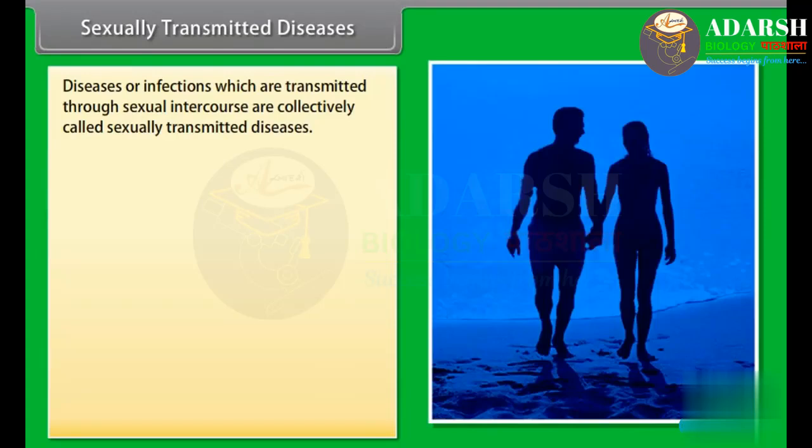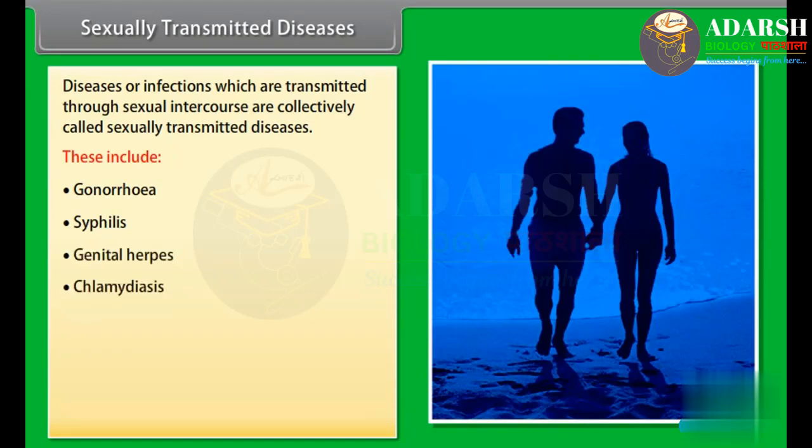Sexually transmitted diseases. Diseases or infections which are transmitted through sexual intercourse are collectively called sexually transmitted diseases. These include gonorrhea, syphilis, genital herpes, chlamydiasis, genital warts, trichomoniasis, hepatitis B, AIDS.